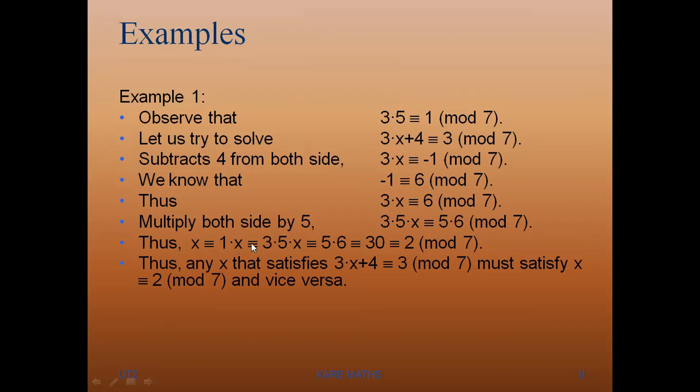It is just getting the same terms as seen. 3 into 1x congruent to 3 into 5 into x congruent to 5 into 6. Remember this one: 3 into 5 into x again congruent to 5 into 6.